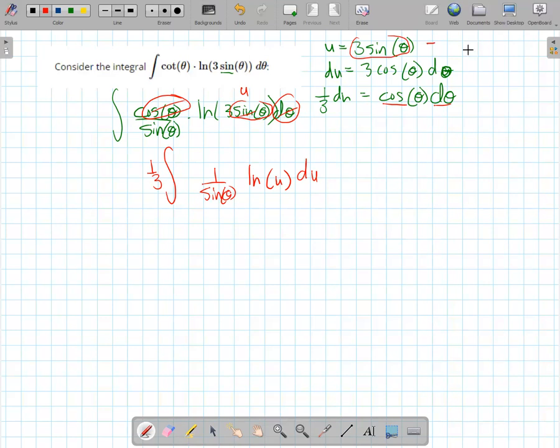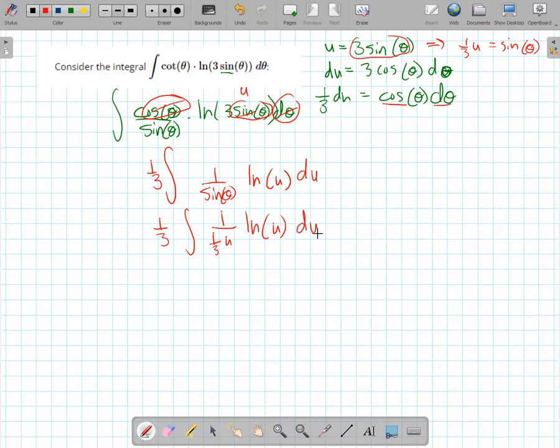So up here, I could say, dividing by 3, 1/3 u is the sine. So then this would be 1/3 the integral of 1 over 1/3 u times the natural log of u.